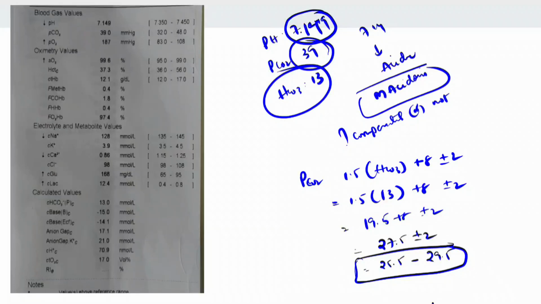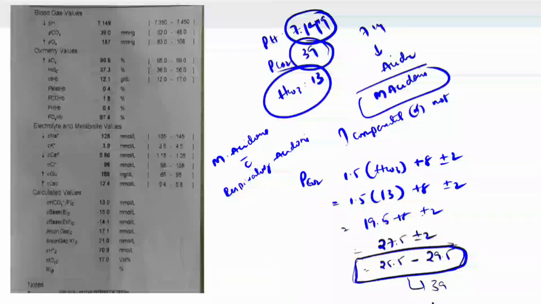So it is more than the expected value. Here we can say that it is metabolic acidosis with respiratory acidosis, because in this ABG, for metabolic acidosis to get compensated by the respiratory component, the PCO2 must lie in the range of 25.5 to 29.5, but it is more than this.